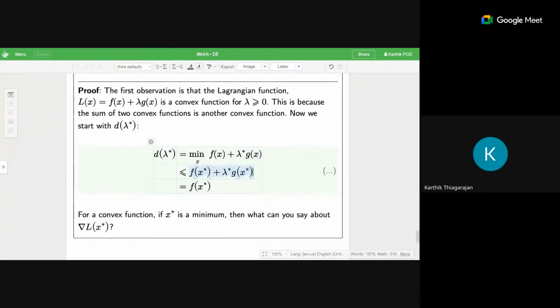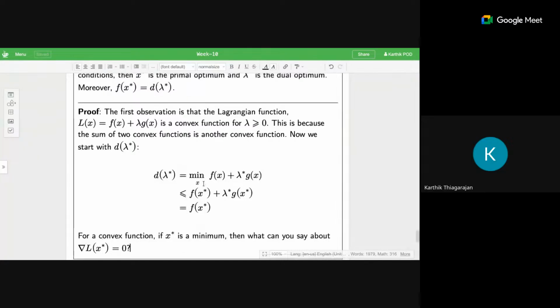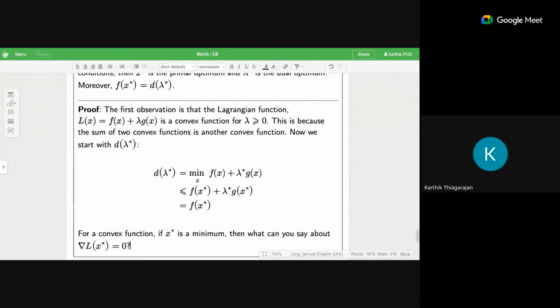Okay. So for a convex function, if x star is a minimum, then what can you say about the gradient? It's 0, right? So now we know that x star is a minimum.